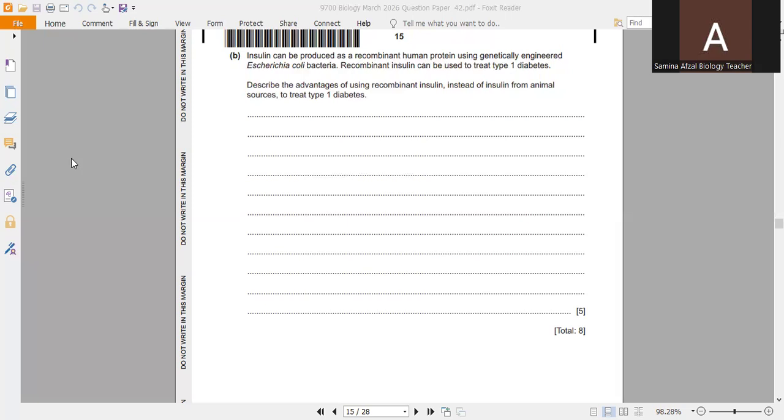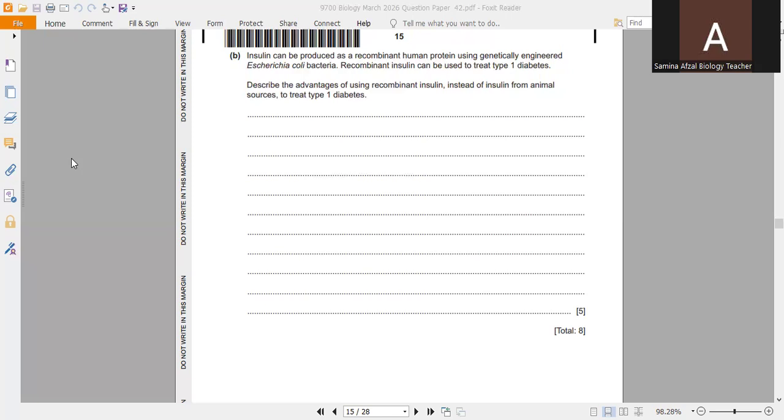Thirdly, there is no immune response or a lower risk of allergic reactions. Reliable and large scale production can be done with this. Then it has a low risk of disease transmission.